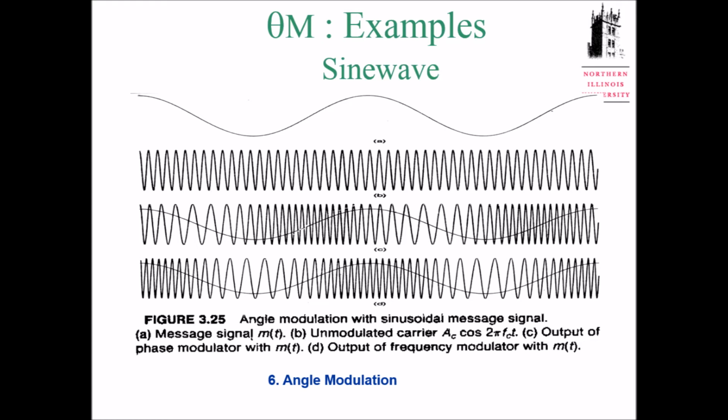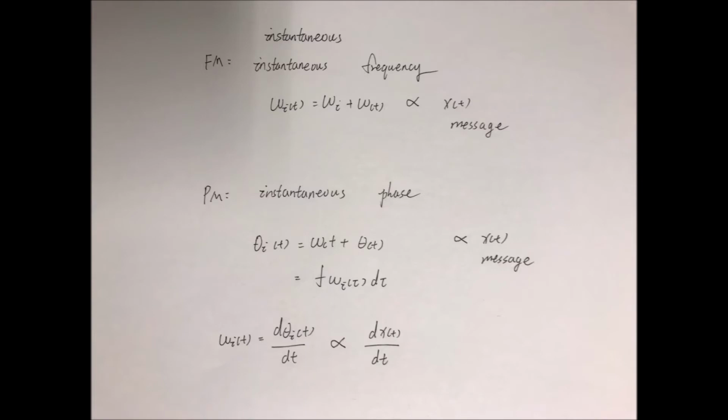So, let me write over here. For FM, my instantaneous frequency is omega_c plus omega(t).